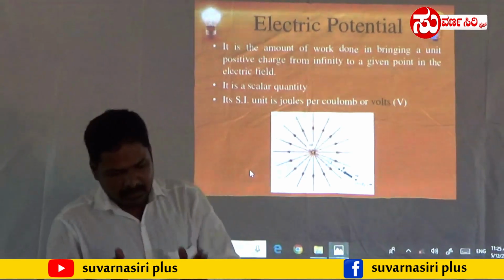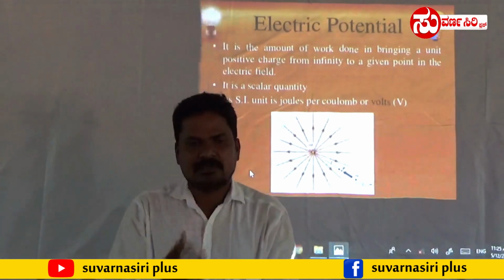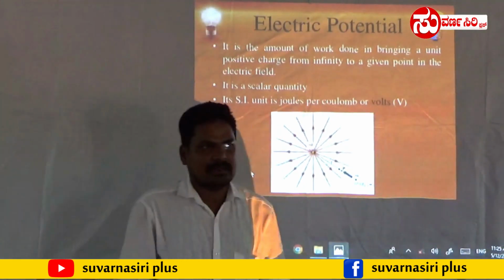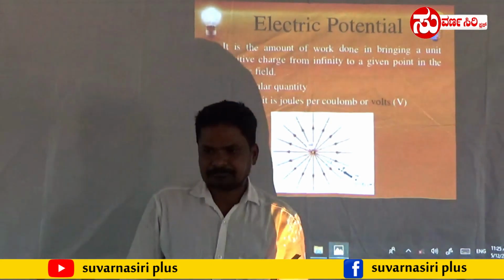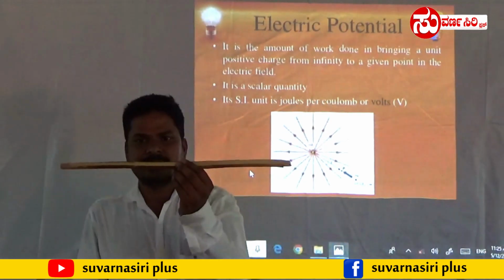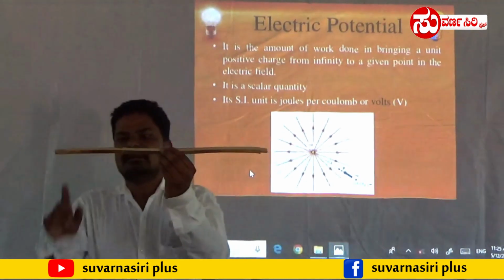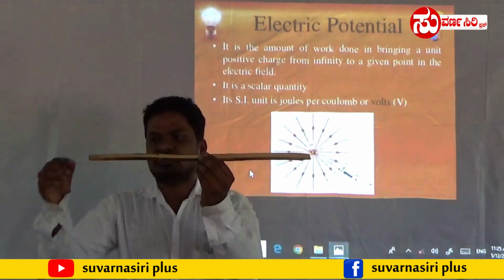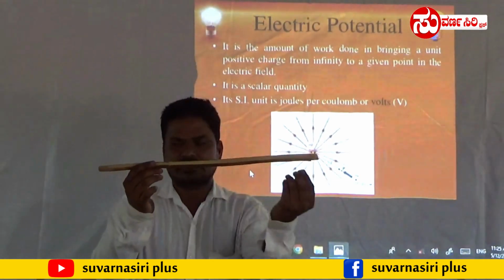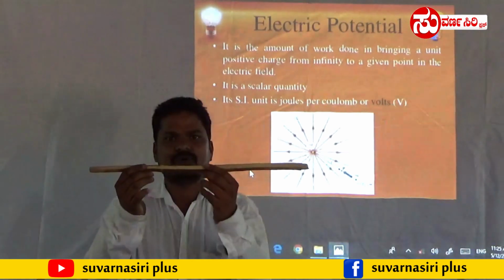To understand the potential difference, we are performing a simple activity. For example, consider a pipe. If it is kept in a straight line and we put water, the water is not flowing because there is no level difference.